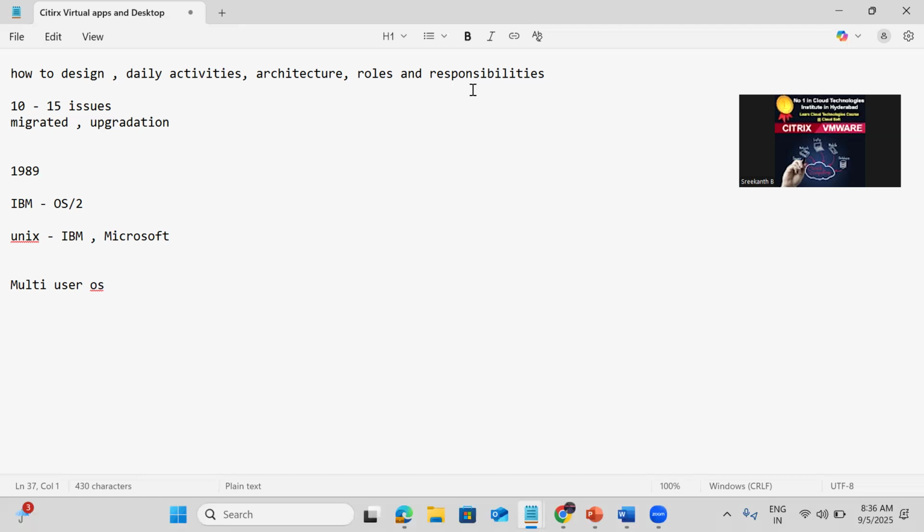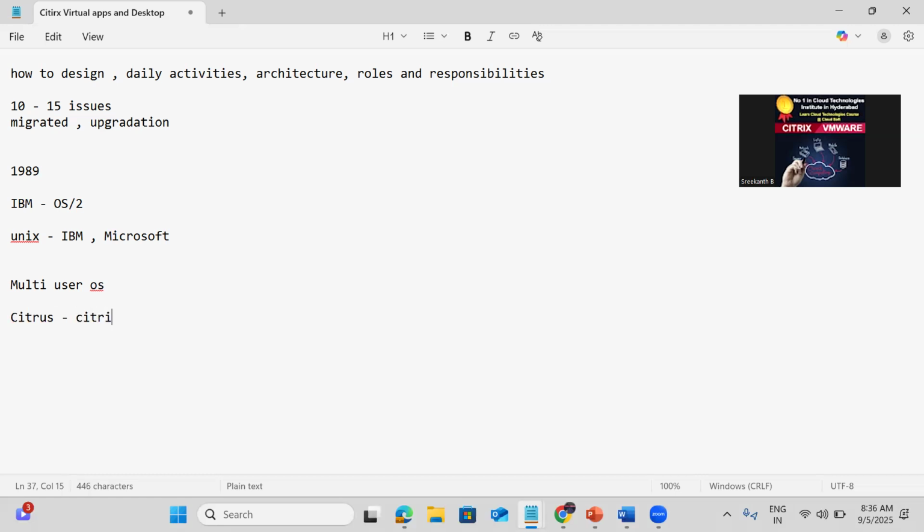It was a single-user version, but they proposed within IBM itself to make a multi-user version of OS2. IBM did not accept that proposal. Then they came out of IBM and started the company Citrus. But there were some legal issues with Citrus, as some companies already existed with that name.